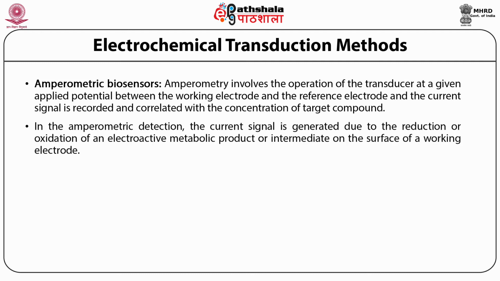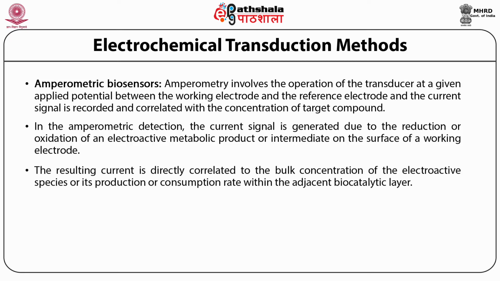In amperometric detection, the current signal is generated due to the reduction or oxidation of an electroactive metabolic product or intermediate on the surface of a working electrode. The resulting current is directly correlated to the bulk concentration of the electroactive species or its production or consumption rate within the adjacent biocatalytic layer.